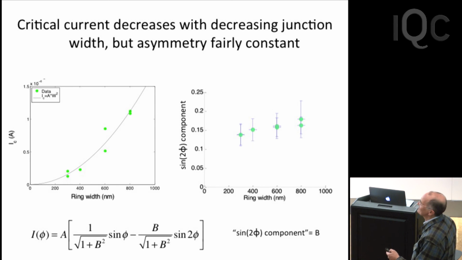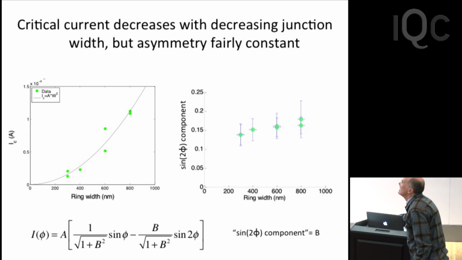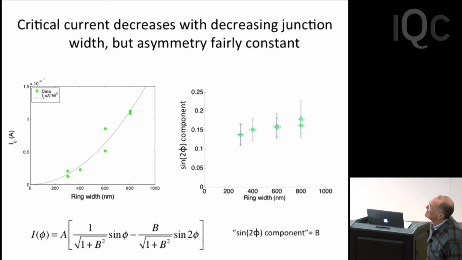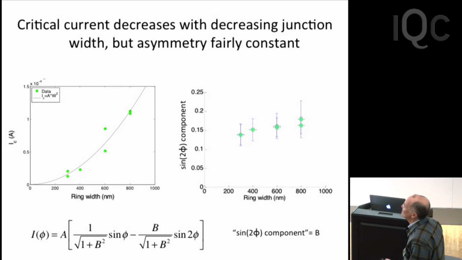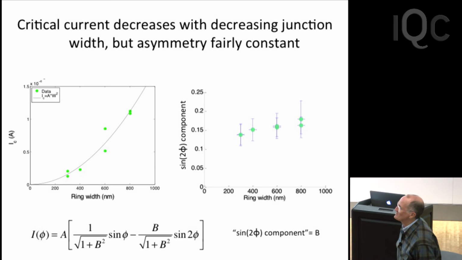But that's not what you see. And in fact, it actually fits pretty well to a parabolic dependence. I mean, they're scattered, but it's not too bad. We have no idea why that should be.